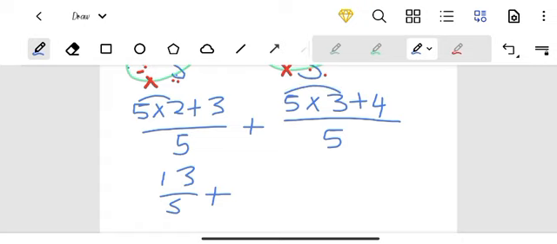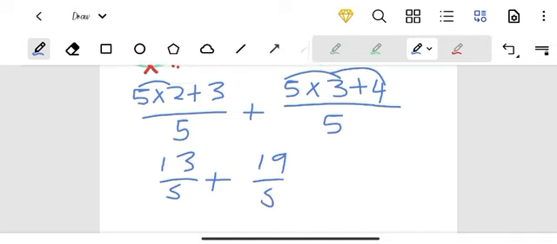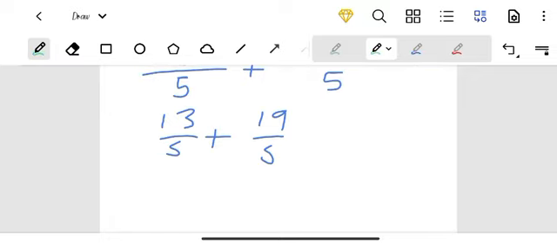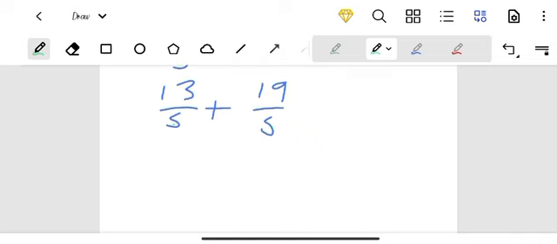Plus 5 times 3 is 5, 10, 15. Plus 4 is going to be 19. Okay, I'm very far now. So it's 19 over 5. Now the next thing that you do, you can see that we have two similar denominators. So we can simply say all over 5.